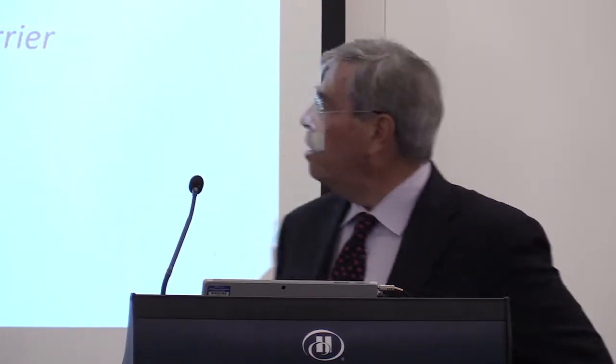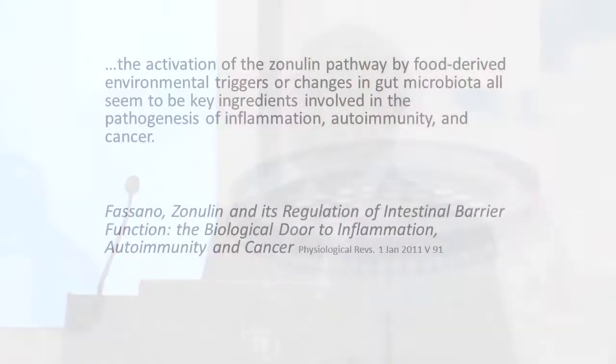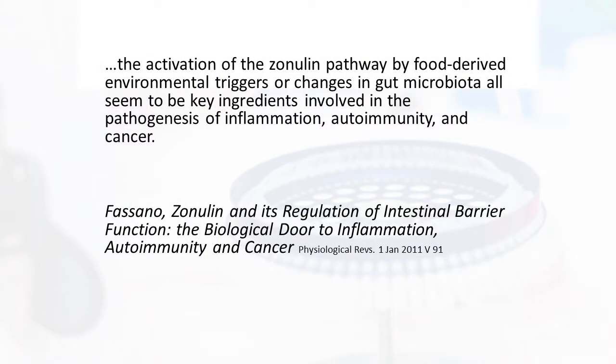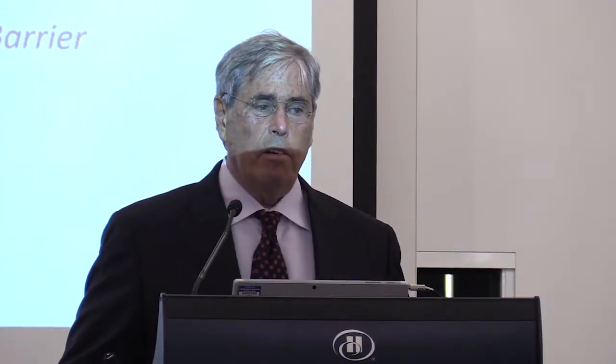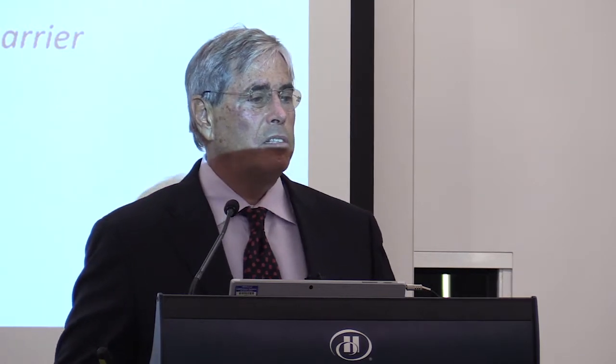Yeah. So anyway, one of the things that we found out is that zonulin was identified. And zonulin doesn't occur in animals. It's only occurring in humans. And humans are the only species that have autoimmune disease. And right now, the count is up to in the 80s in terms of the number of autoimmune diseases we have.